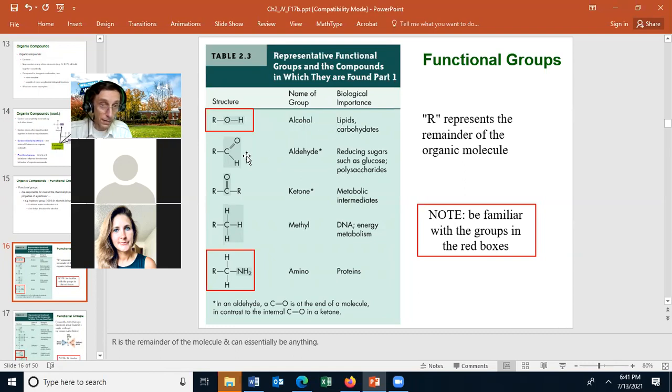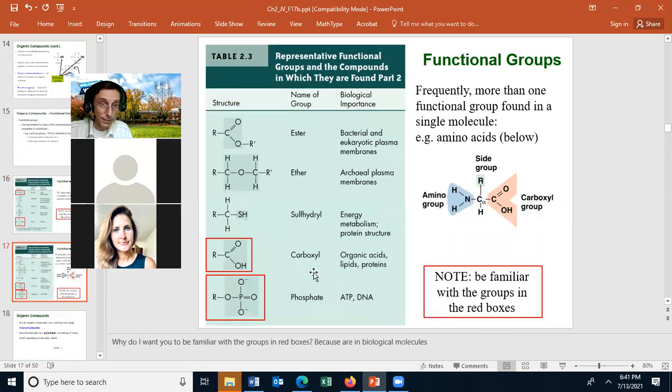There are other functional groups that I'm not going to talk about, but you do need to know all of the functional groups in the red box. There's the amino group, which is NH2, and you find the amino groups on amino acids and in proteins.